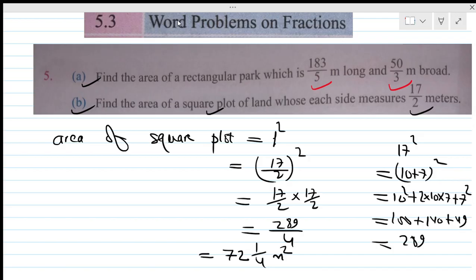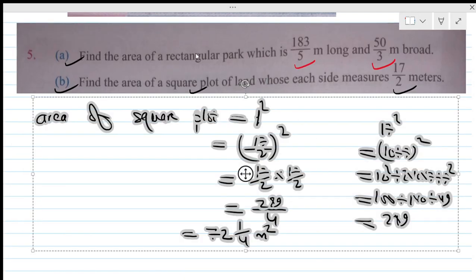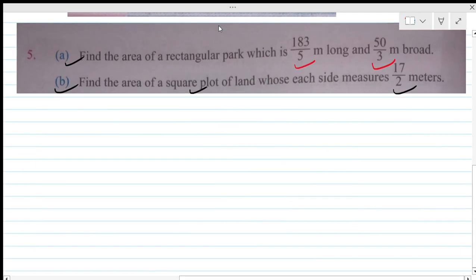Now we are done with 5, and I'm doing number 6 here.